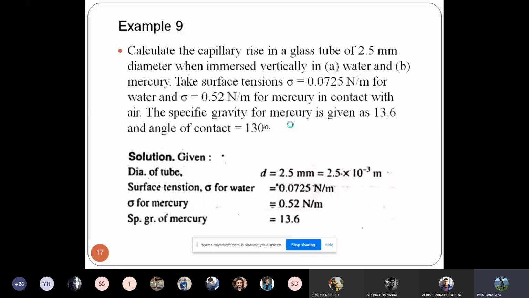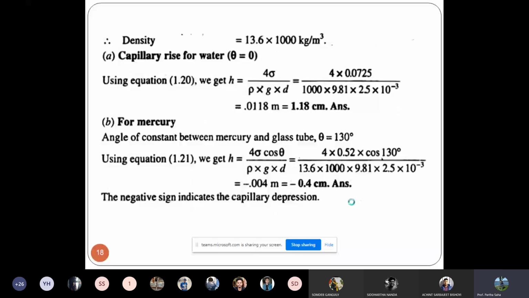So let's solve for the first case, water. All the parameters are given. The density of mercury will be specific gravity into 1000. For water capillary rise, theta I have considered 0, so h will be 4 sigma over rho g d. With all the parameters given, it will be 1.18 centimeter. For mercury, theta is given as 130, so you put cos 130, and you have to calculate this negative value.